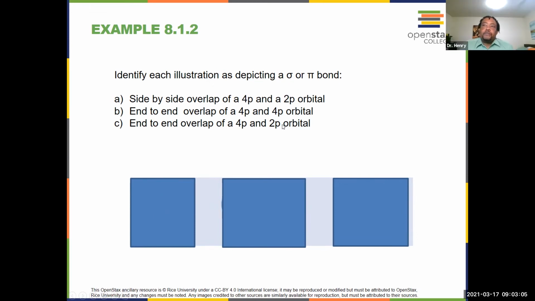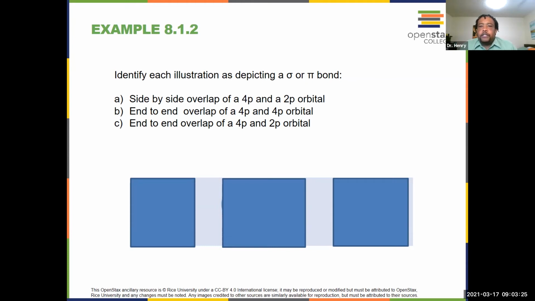So identify the illustration as depicting a sigma or pi bond. Let's see, side-by-side overlap of 4p and 2p orbital.